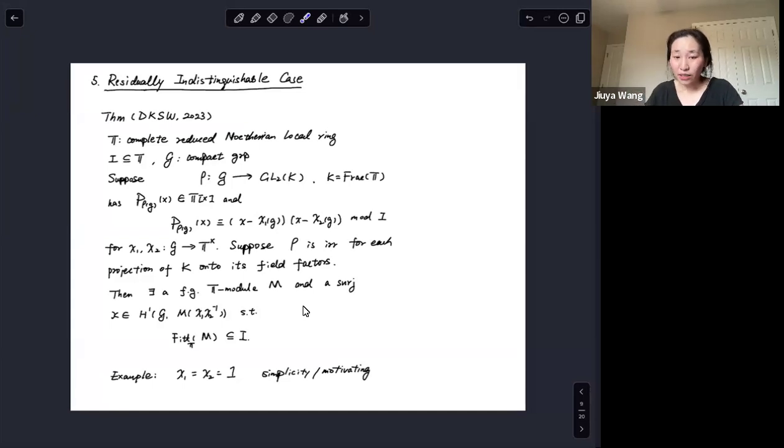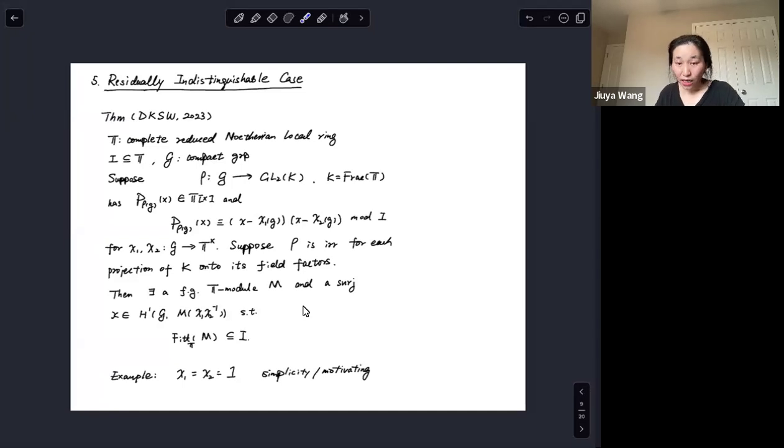On the other hand, just like in Ribet's original version, we can restrict the Galois representation to a smaller Galois group where chi1 and chi2 become congruent to 1 mod I, and then we will still obtain this Galois module M with the same Fitting ideal.